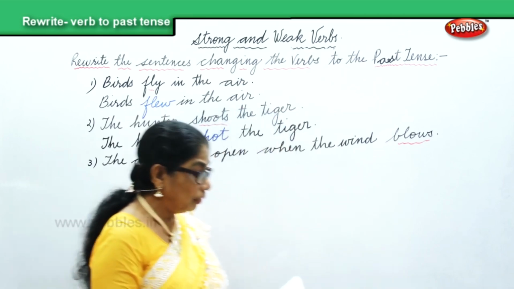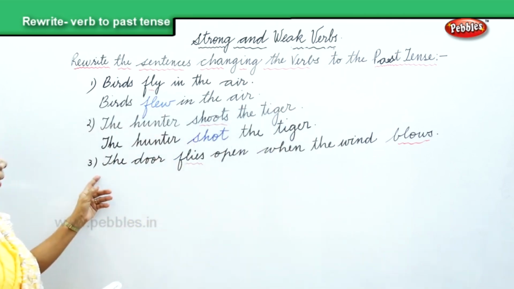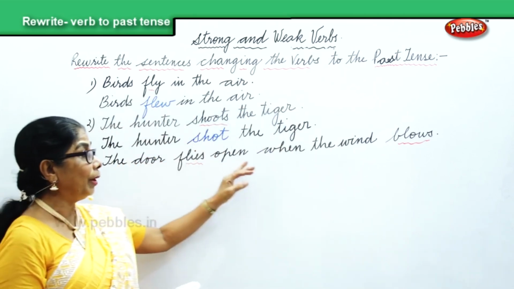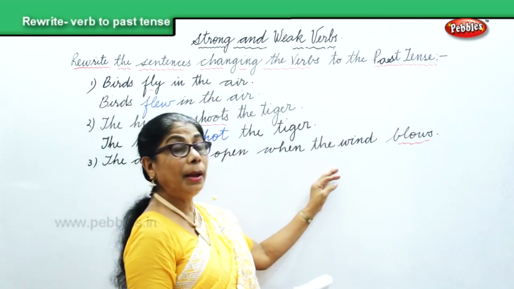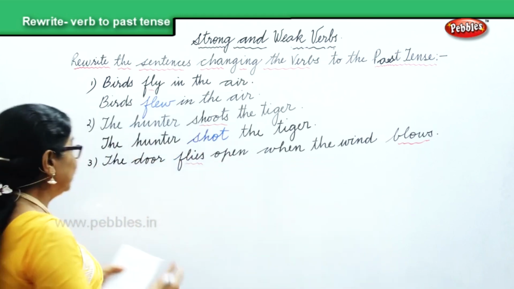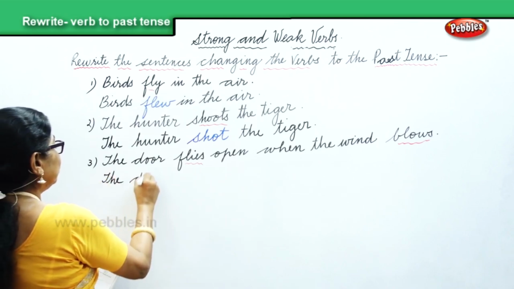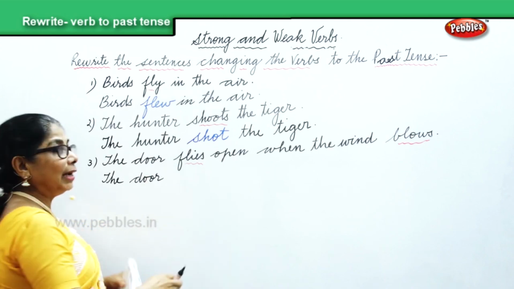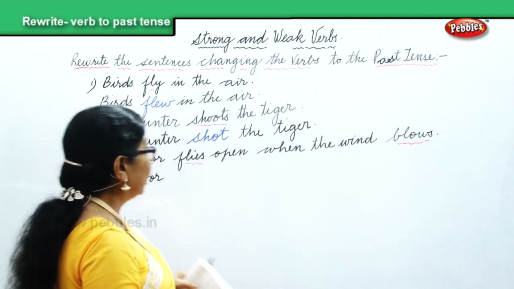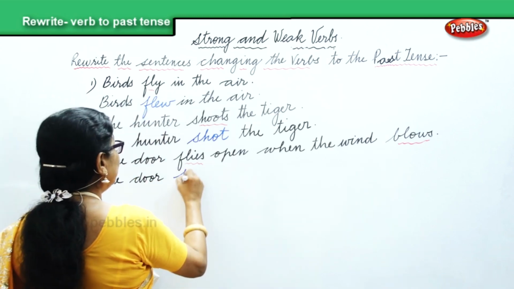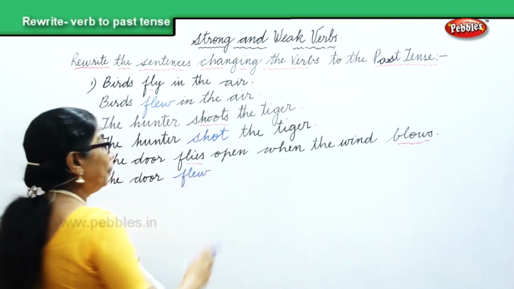Okay, now how will you change? You will say the door flew open when the wind blew. Very good. The door, for flies it becomes flew.